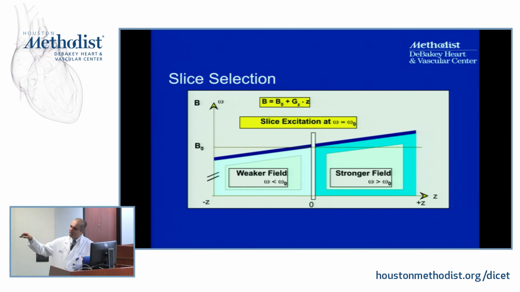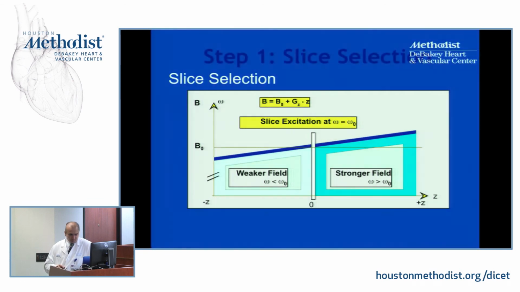So let's say I wanted to image up here at the head, then it would send in maybe 64.5 megahertz. If I wanted to image more towards the feet, it would send in radio frequency waves at 63.5 megahertz. And these are just arbitrary examples that I'm giving you, which are obviously over-amplifying the actual differences. But it gives you an idea.